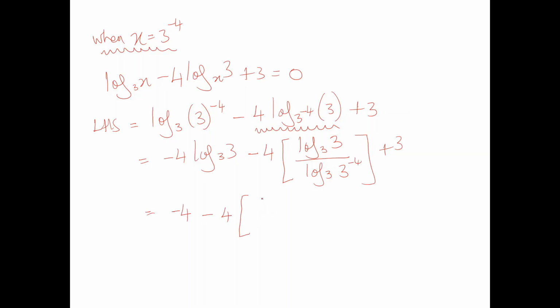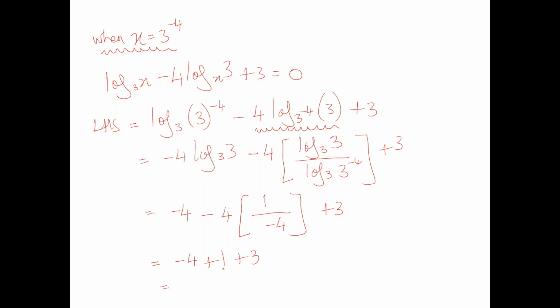So log 3 base 3 equal to 1. Okay, so this one is just the same as this value. So this one will be negative 4. Okay, plus 3. So negative 4 times negative 4 here, divide by negative 4 here, we will get plus 1 and then plus 3.